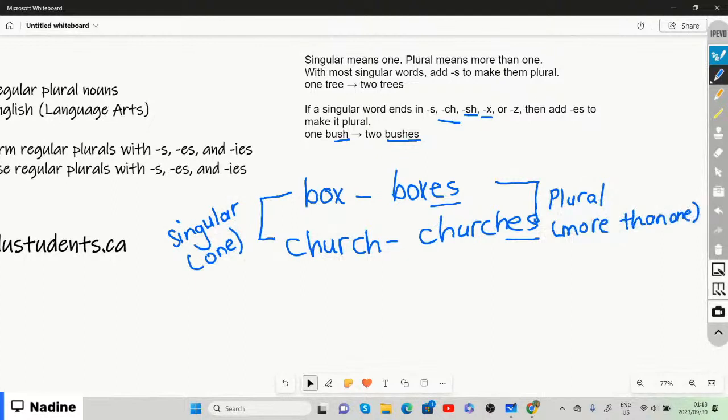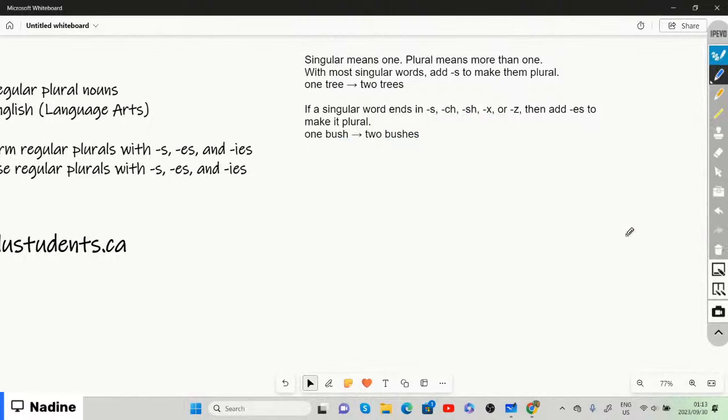And these words, they end in es. So as mentioned, singular means one and plural means more than one.